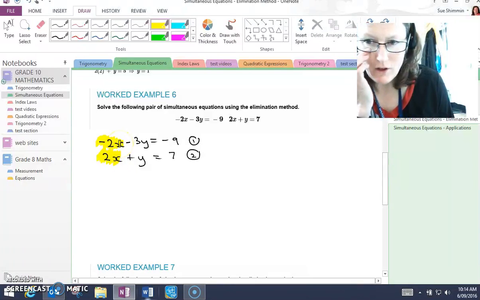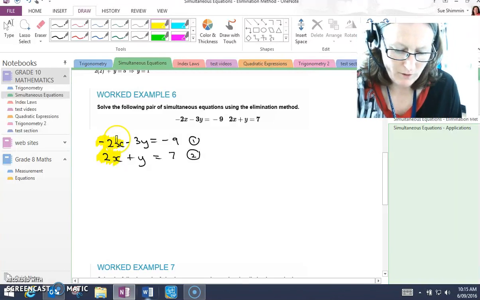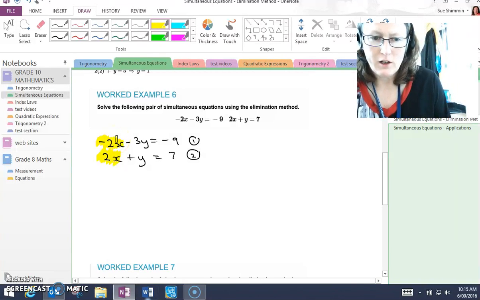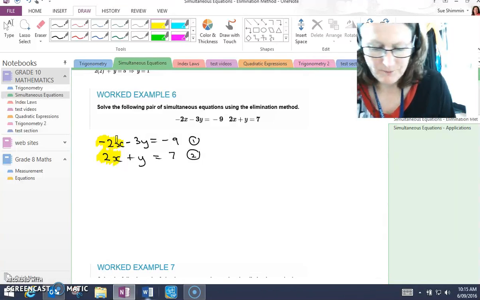So I choose to highlight the x's because, apart from the sign, they have the same coefficient. They've both got a 2 in front of them. So I highlight that, and that's what I've put on the whiteboard in class in a different colour.